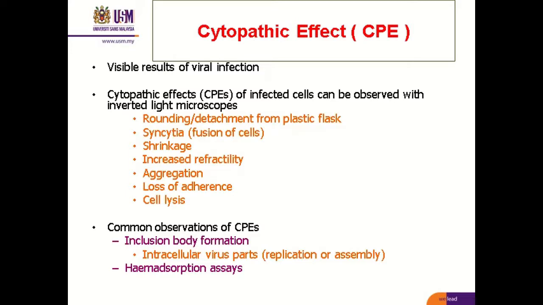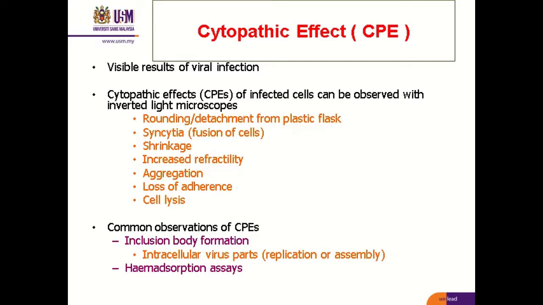Also, we can see inclusion bodies in the cell culture. Some develop intracytoplasmic inclusion bodies, such as in rabies, where the CPE is eosinophilic with Negri bodies, and for adenovirus, it is a basophilic intracytoplasmic inclusion body.